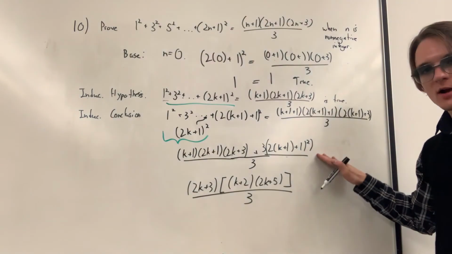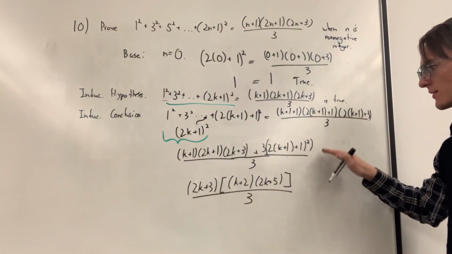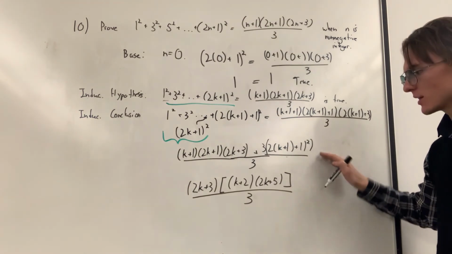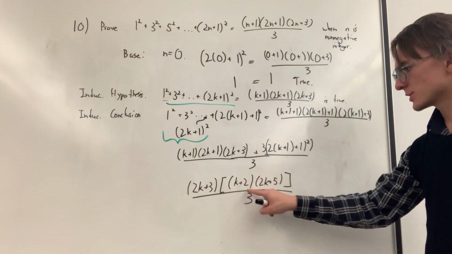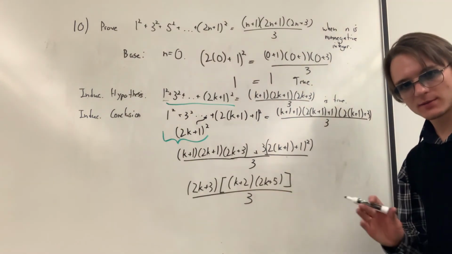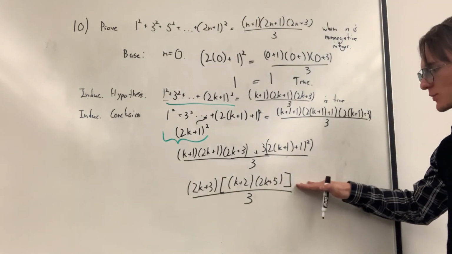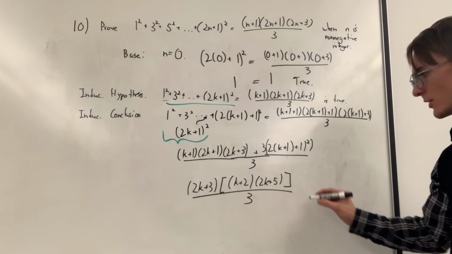Now, we do the very complicated algebra here. We multiply all these together and add it to the simplification of this form as well. We will get (2k plus 3) times (k plus 2) times (2k plus 5) all over 3. You can do it yourself, but just trust me that this expression is equal to this up here. From there, let's rewrite it one more time.